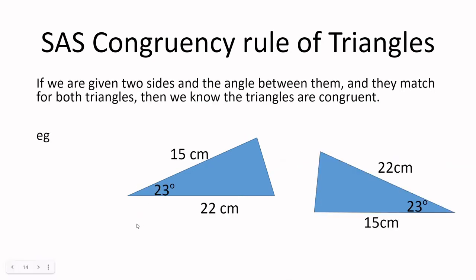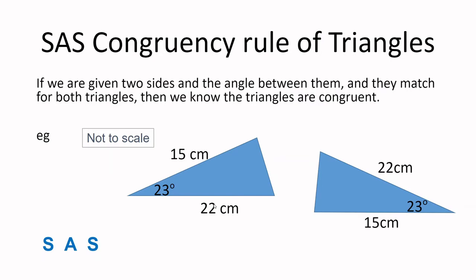Let me show you an example now. So here I've got 2 triangles, and don't try and look at them and decide by looking if they're congruent because they are not to scale. Don't get your ruler and protractor out, just look at the information that's given. You're given a side, an angle, and a side. In both cases, the angle that's given is between the 2 sides that are given.